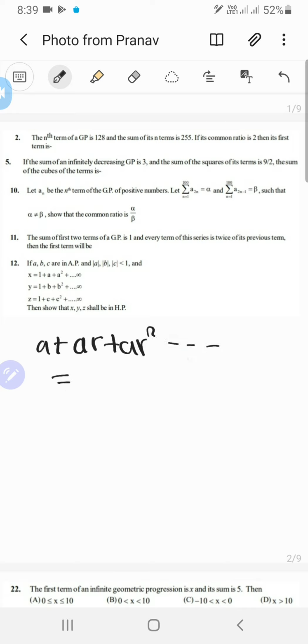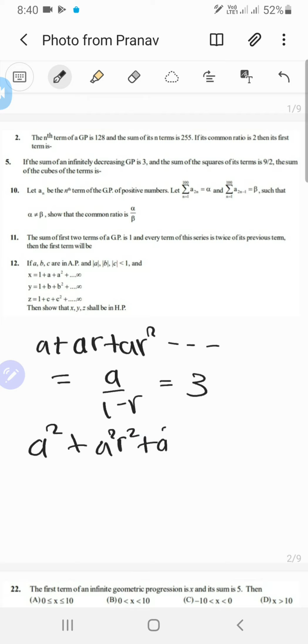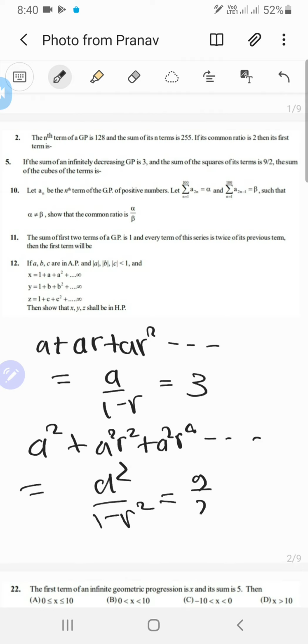It's equal to 3, so a upon 1 minus r equals 3. The sum of the squares of its terms is 9 by 2: a squared plus a squared r squared plus a squared r to the 4th power, and it keeps on going, which is a squared upon 1 minus r squared, equal to 9 by 2.